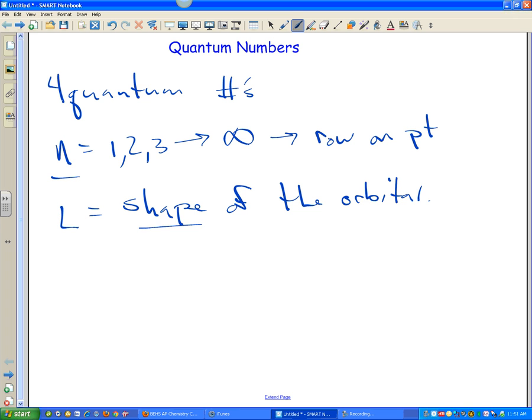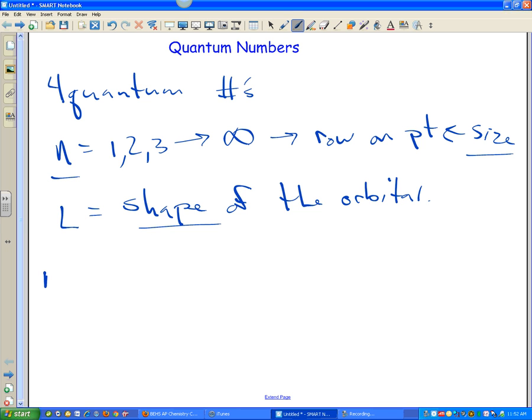Okay, so here we have shape, and n is pretty much relative to size of the orbital. So now we know the shape and size of the orbital. That helps us to know probably where we would find it. It's probably in this size and shaped orbital. So those two are nice to know, but we don't know everything yet.